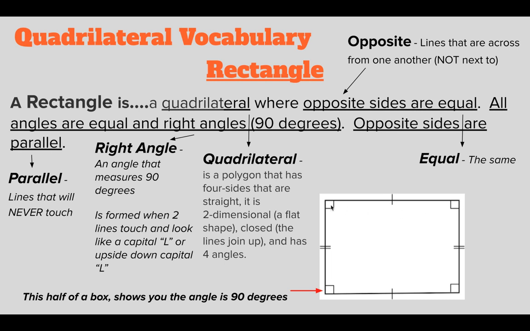Okay, so all four corners have 90-degree angles. So is it a quadrilateral? Are opposite sides equal? Are angles equal and are they right angles? And are opposite sides parallel? If yes, then it is a rectangle.